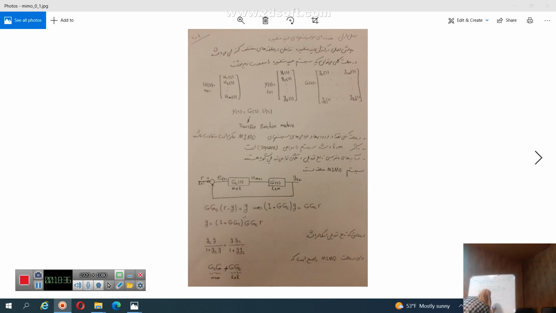Plus G C Y equal to G C R. Yes, that's okay. Take a factor from y. Well done. This right.